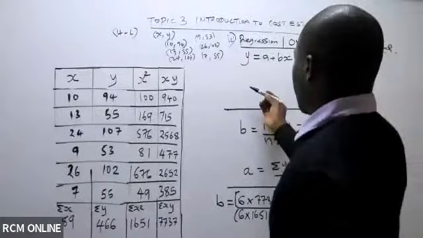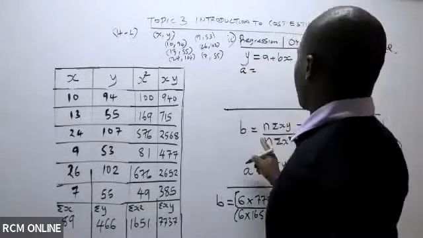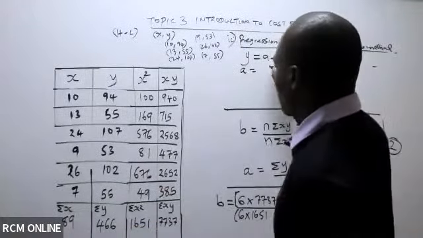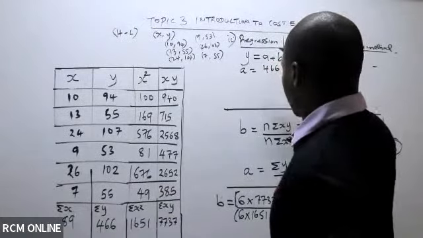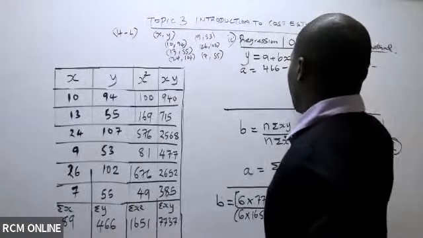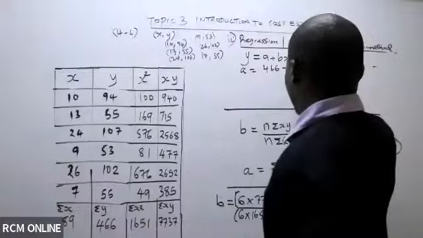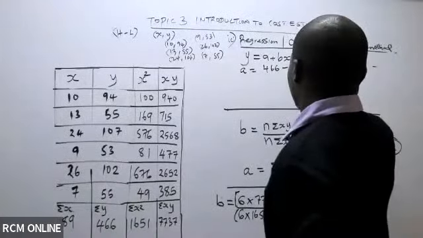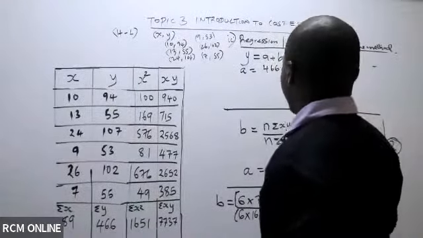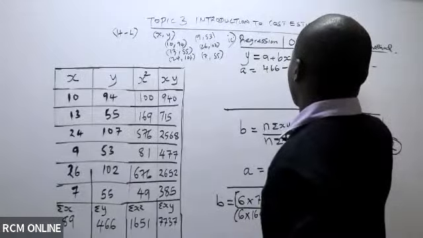So the value of A is equal to summation of Y, which is here, 466, minus B times summation of X. Our B is 2.4927, multiplied by summation of X, which is 89.